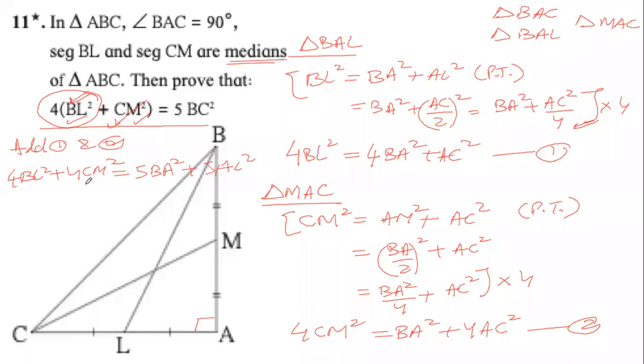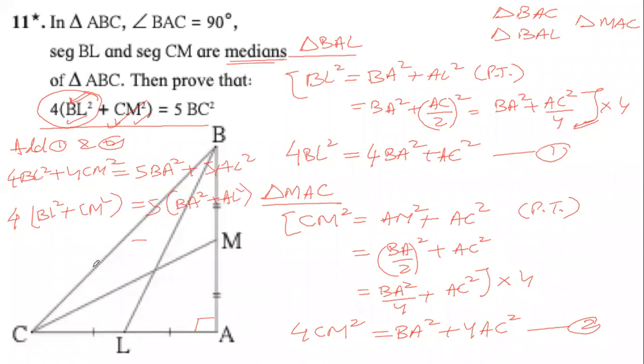Now 4BL square plus 4CM square. Now Prachi, we can take 4 common. BL square plus CM square. Now, here we can take 5 common. BA square plus AC square.